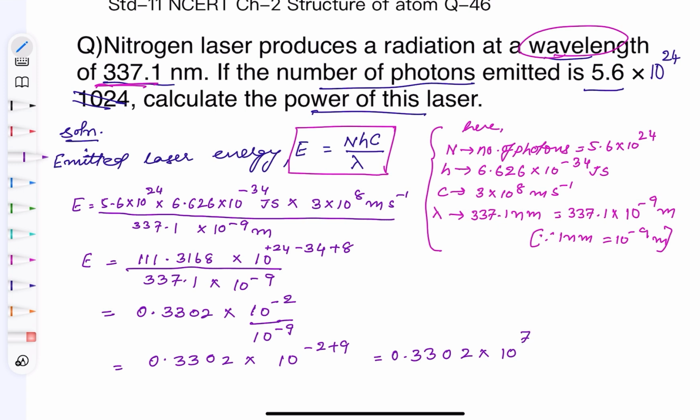Now for the units, meter gets cancelled, per second gets cancelled, so the unit left is joules. This decimal point can also be shifted to the right, and the final answer can be written as 3.302 into 10 to the power of 6 joules, because we have shifted only one digit.